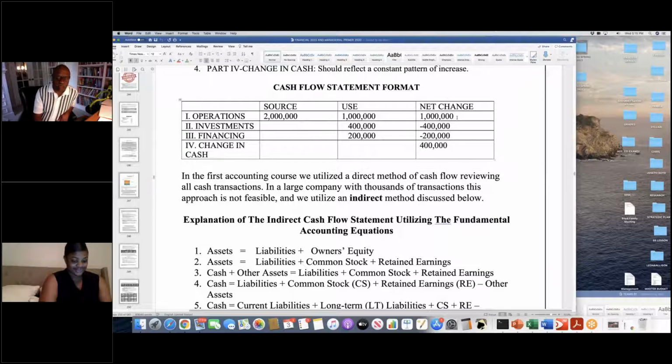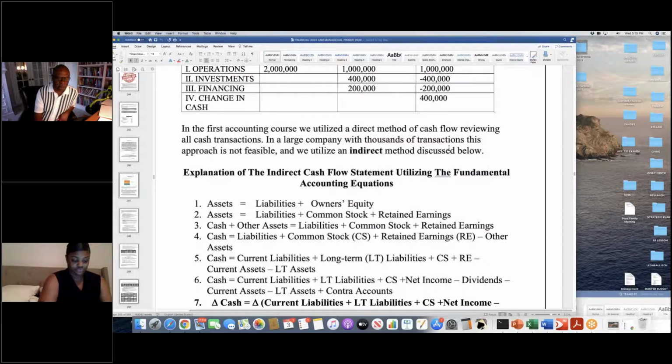And so the key thing you need to know is that if this number is not positive, your company has a problem. Investments should be decreasing. Financing should be decreasing too in a good company. Or maybe going up, but most times, just like you personally, you want to be paying on your debts.